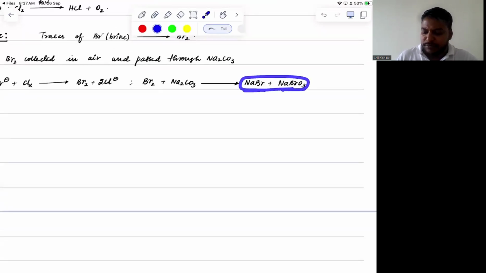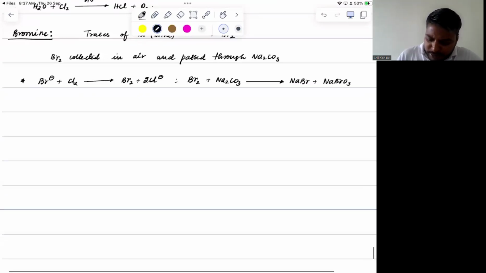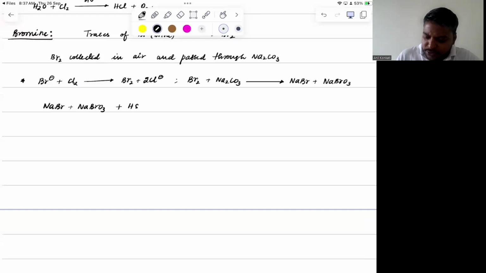These are all soluble forms. We take that solution and add NaBr and NaBrO3, whichever is present, with dilute H2SO4. On adding dilute H2SO4, now what would happen? It will undergo comproportionation reaction.